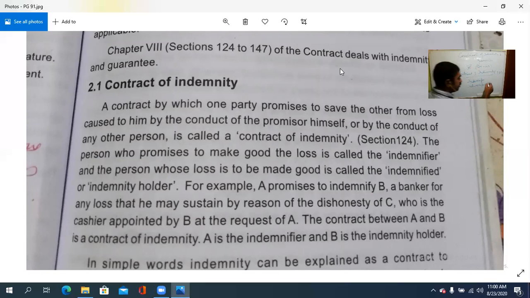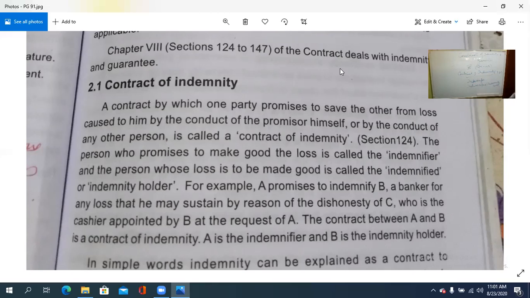indemnified or indemnity holder? So, what all things are there? Firstly, what is a contract of indemnity? A contract by which one party promises to save the other from the loss caused to him by the conduct of the promisor himself or by any other person.